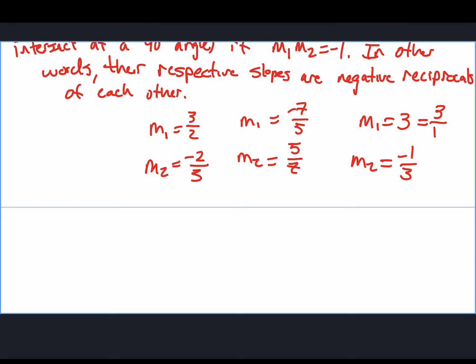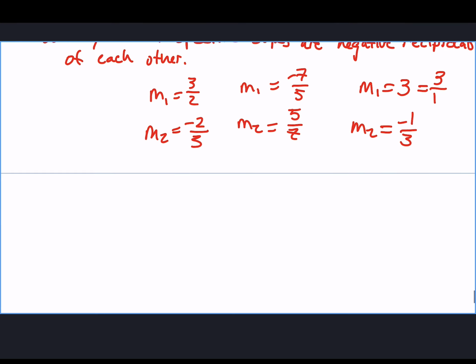If it's perpendicular, we'll flip it and change the sign. And then we'll use the point that we're given that's on that line. So we'll have a slope and a point. So what formula will we use? We'll use the point-slope formula, and then we can simplify that to be in slope-intercept form. Okay? Let's do example 9.